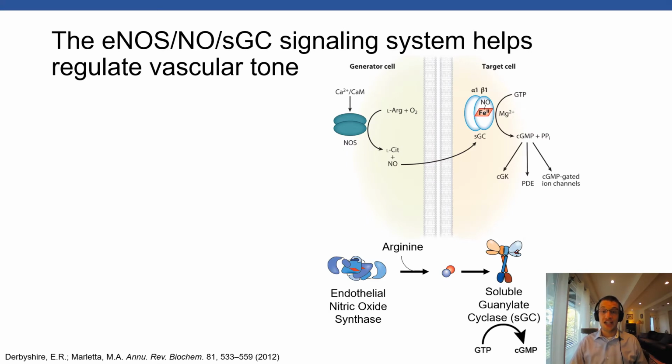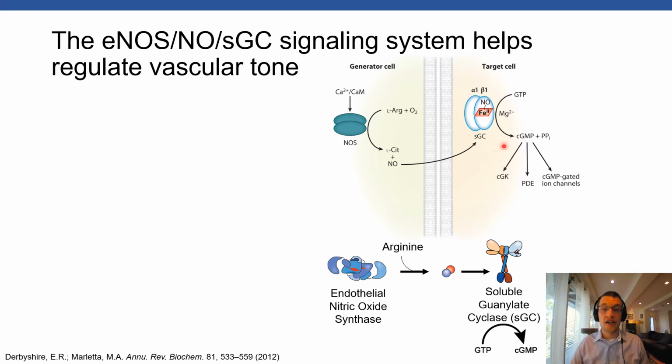The nitric oxide SGC signaling system helps to regulate vascular tone. The system is initiated in endothelial cells, where influxes of calcium activate nitric oxide synthase to produce nitric oxide. Nitric oxide is a diffusible gas that can diffuse across plasma membranes into the smooth muscle target cells. Once here, nitric oxide binds the SGC, activating the enzyme.